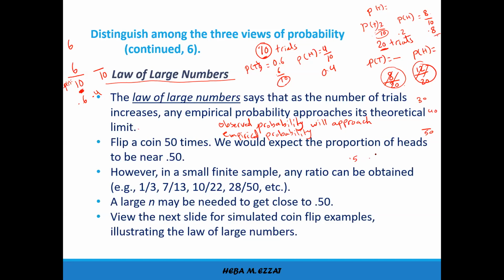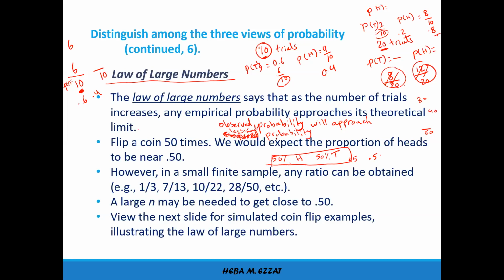We said if we flip a coin, we have a 50% chance to get head and a 50% chance to get tail. This is the classical probability. I said the empirical. No, this is the classical.